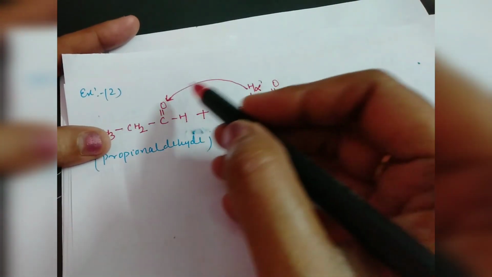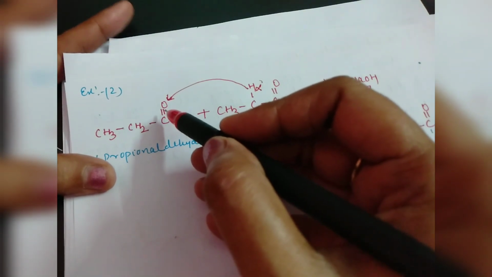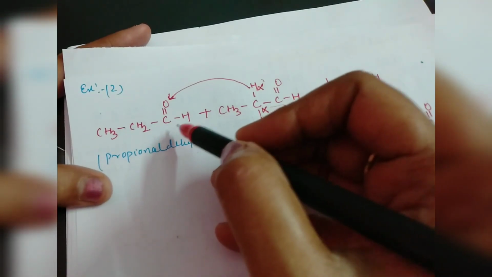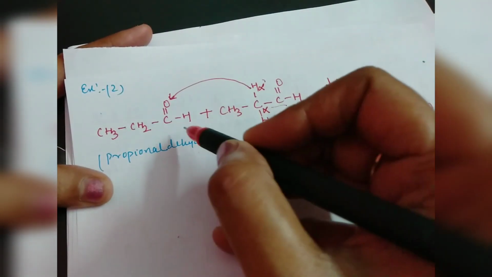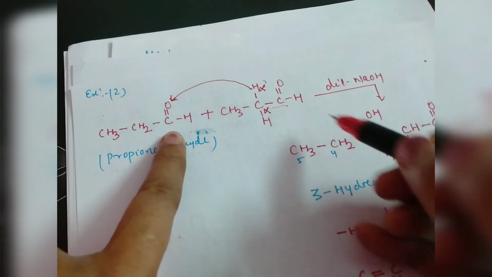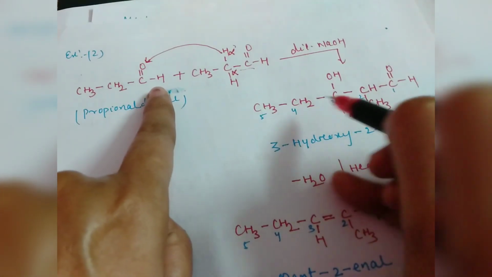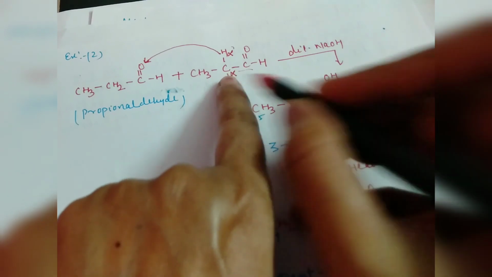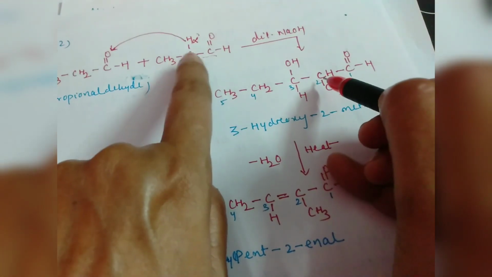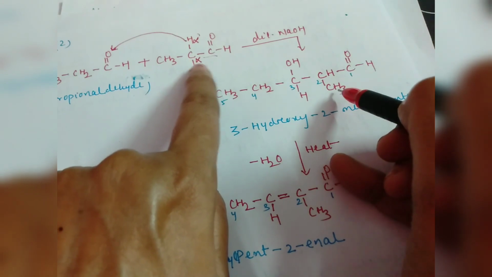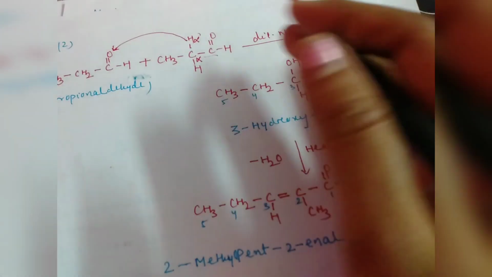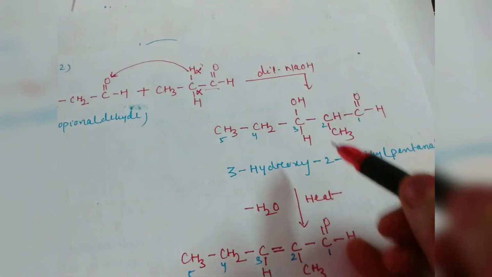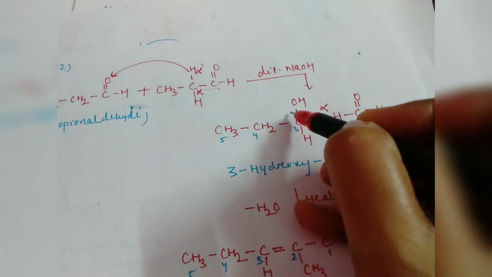The alpha hydrogen will attach to the oxygen of the carbonyl of the other aldehyde molecule, and this carbon will attach to this carbon, and you will get the aldol product. CH3 CH2 C, hydrogen attached to this position, OH. Now again this carbon will attach to this position. Down here there is CH3 CH. So this is your aldol product. Similarly, when you heat it, it will undergo dehydration. Dehydration from which position? This is your alpha position, this is your beta.